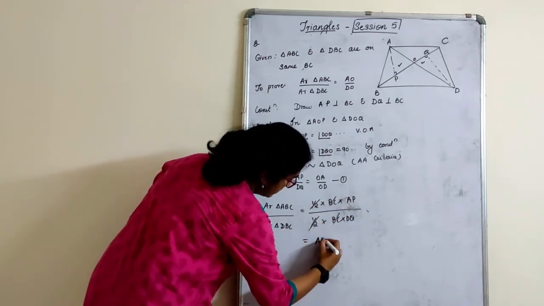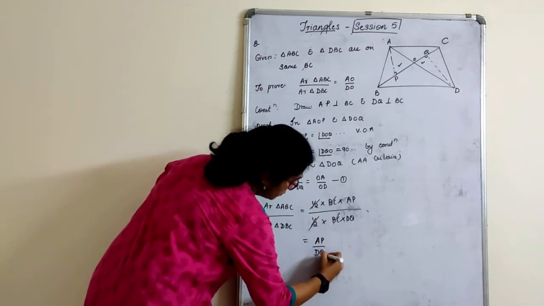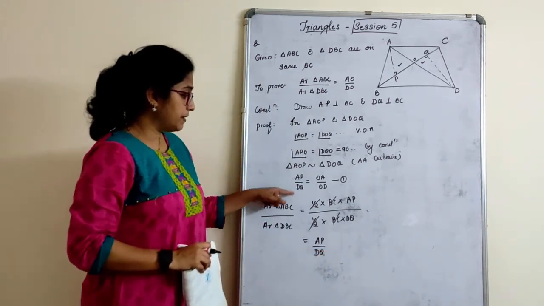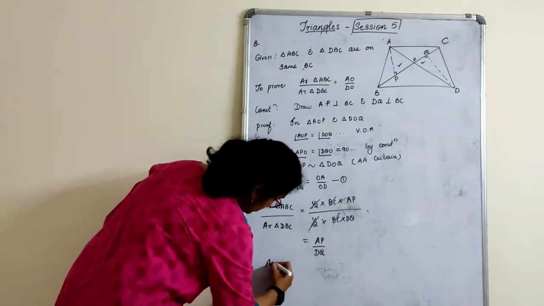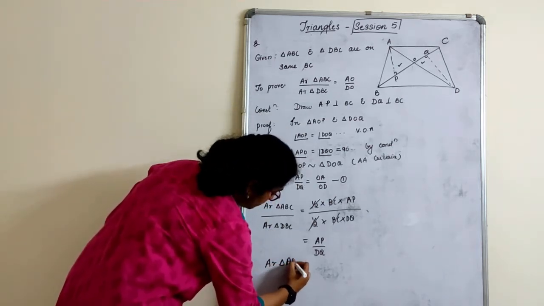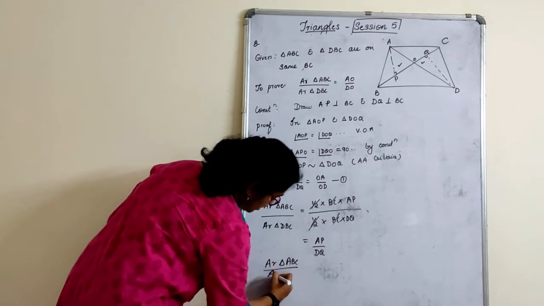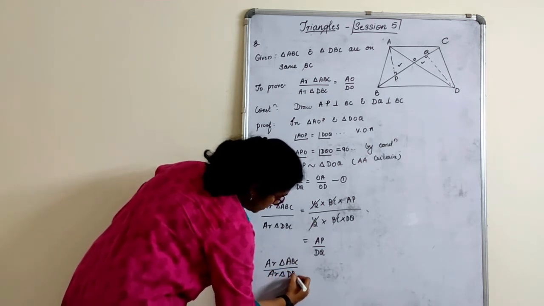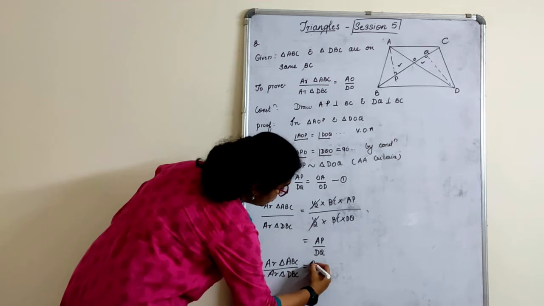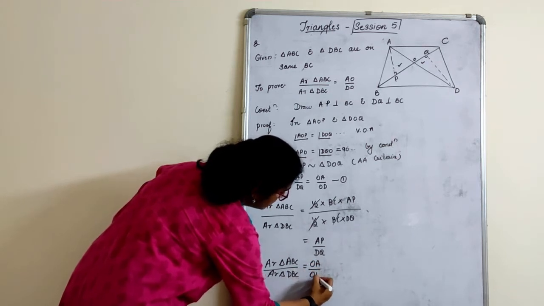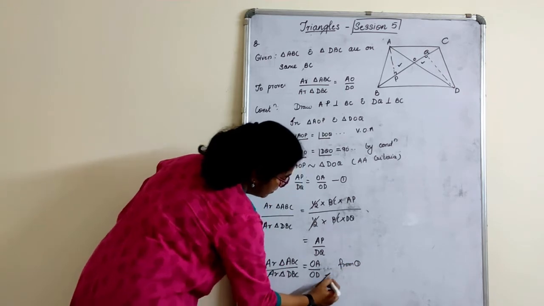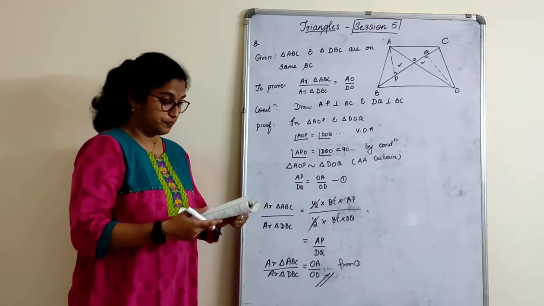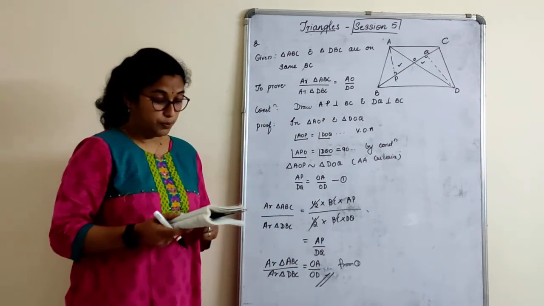What will remain? AP upon DQ. But AP by DQ is equal to OA by OD. So area of triangle ABC to area of triangle DBC is equal to OA by OD from equation 1. Hence proved. This is how we prove it.